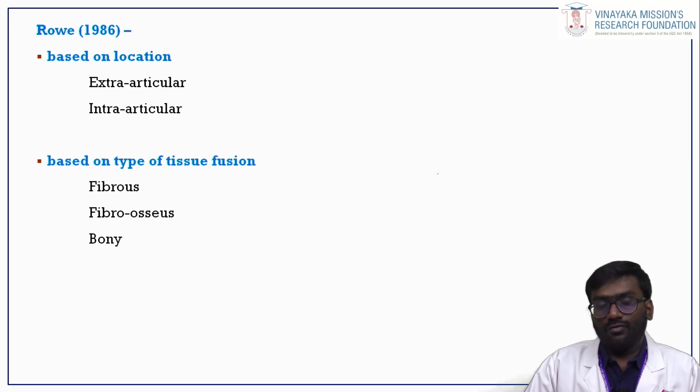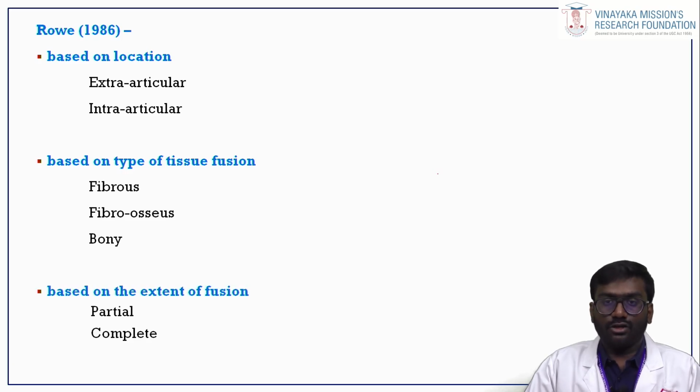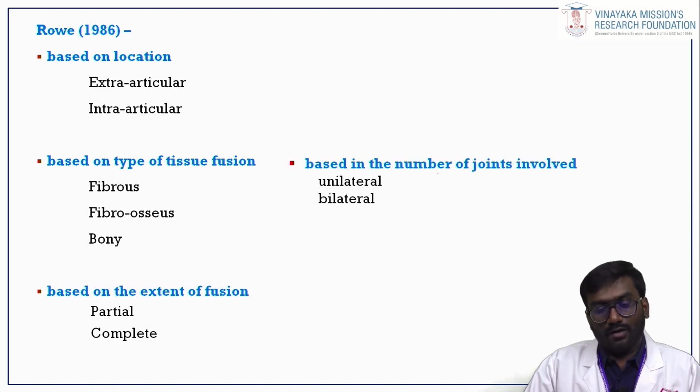Based on the type of fusion, that is, as I told, there will be a bridge of some tissue formed between the condyle and the glenoid fossa, so based on the type of tissue, whether it is a fibrous union, fibro-osseous ankylosis, or bony ankylosis. Based on the extent of fusion, whether it is complete or partial ankylosis. And finally, based upon the number of joints, whether only the right side condyle is involved or the left side condyle is involved, it is either unilateral or bilateral ankylosis.